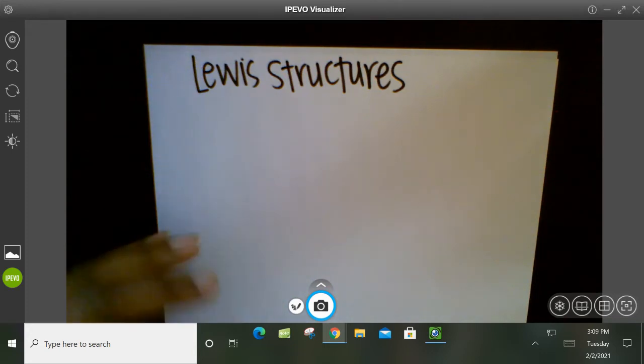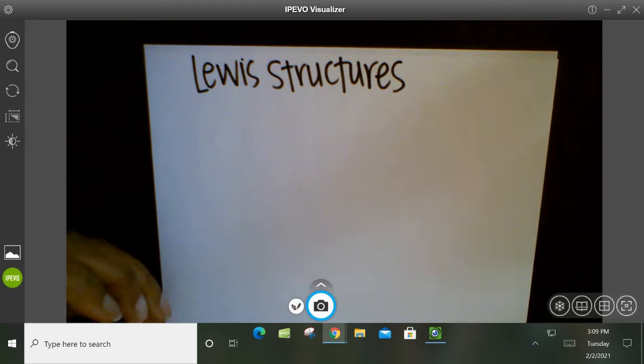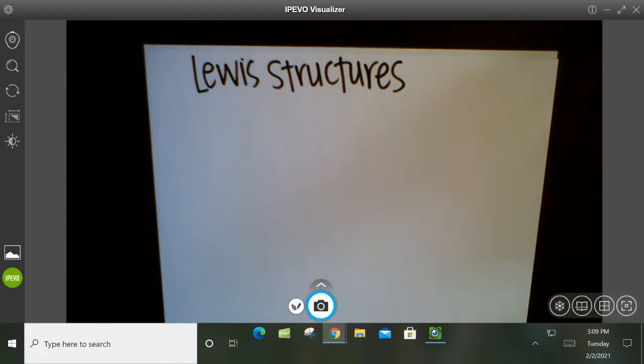And because valence electrons are the ones that are involved in the bonding process, we're going to do Lewis structures with those valence electrons. And there are two ways that valence electrons are drawn out on Lewis structures.